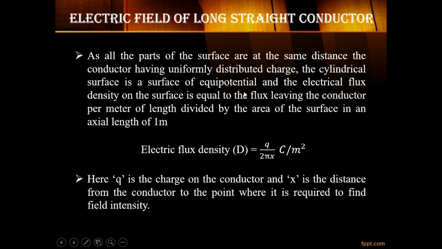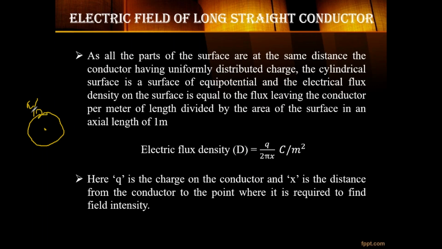See here, all parts of the surface are at the same distance. If you take the solid conductor here, from the center you can take any distance, any radius, and it has the equal distance, right? So that means it has an equal surface. Now when this conductor surface is equal, the electrical flux density is given by how much charge is generated with respect to the circumference, right?